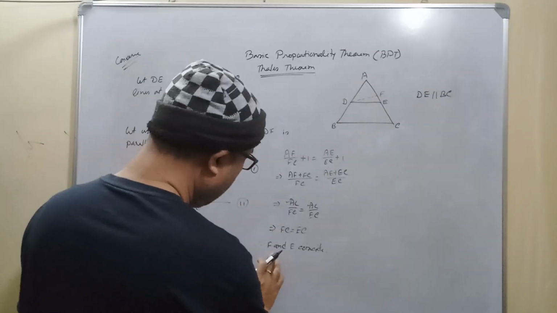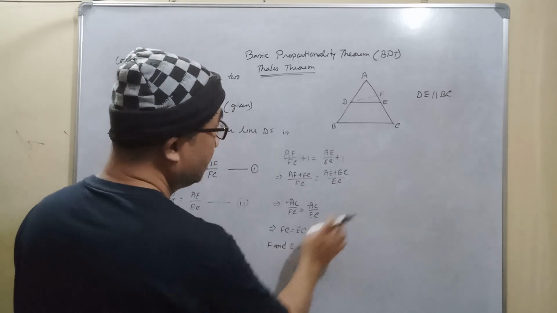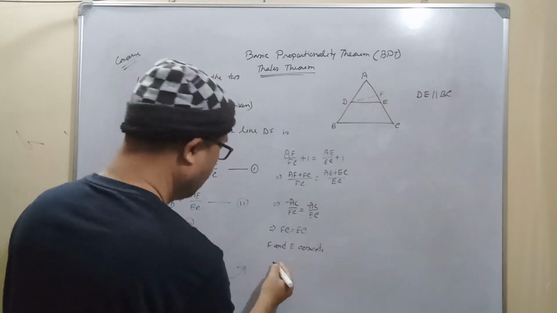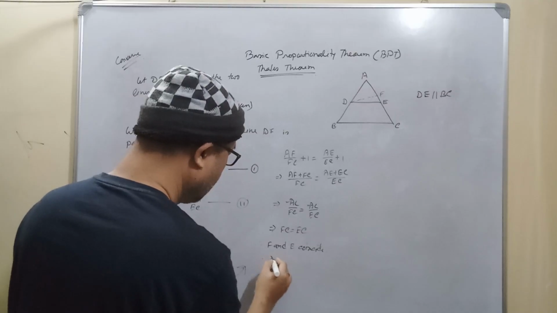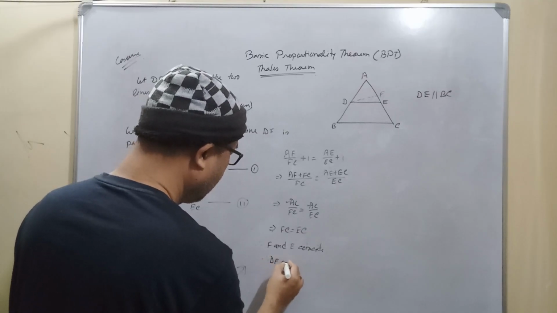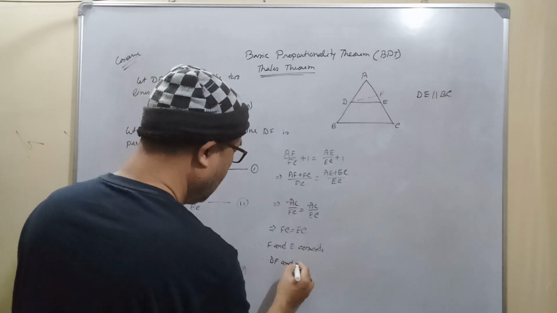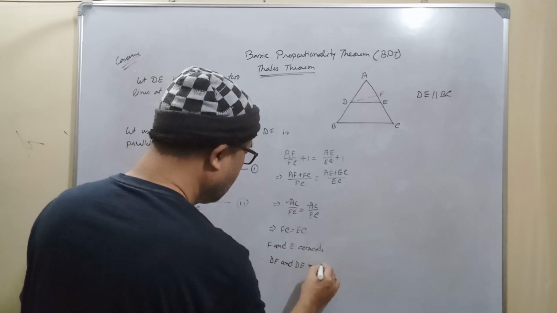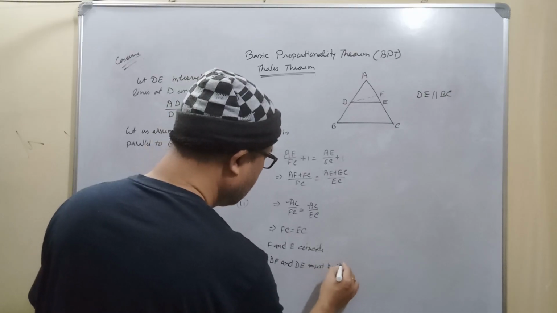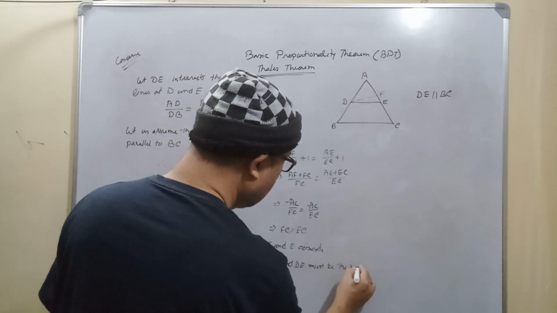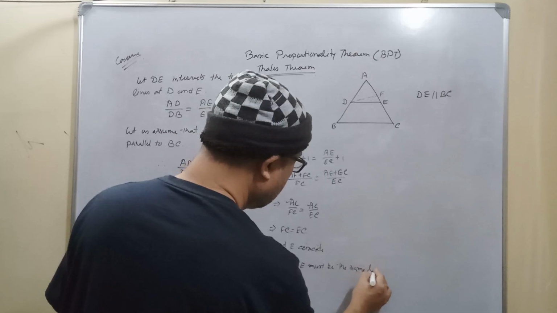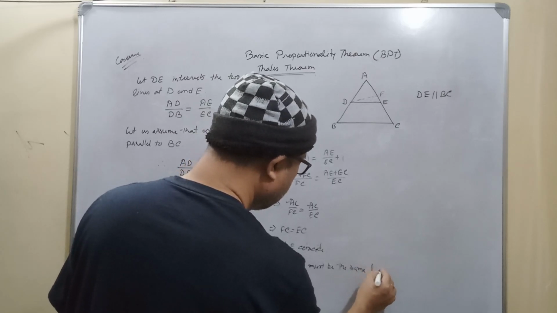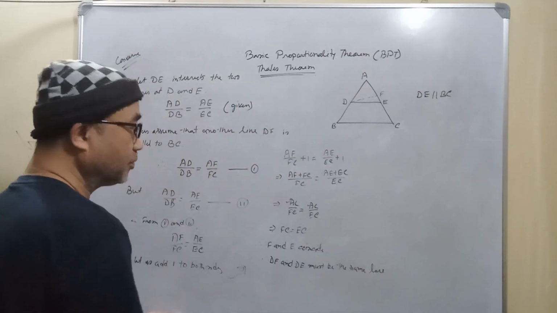Hence, if F and E coincide, then DF and DE must be the same line, right?